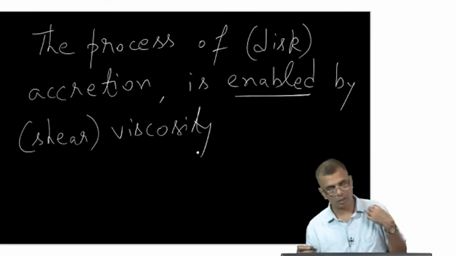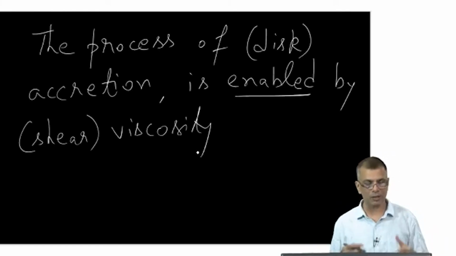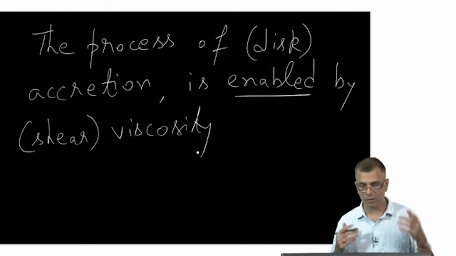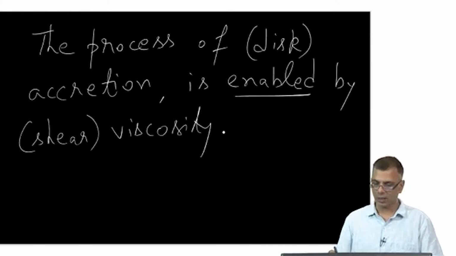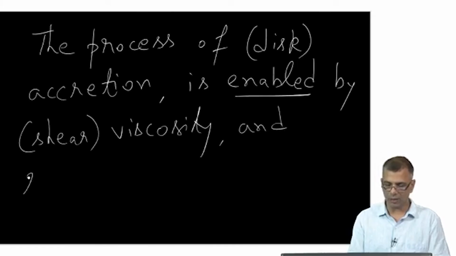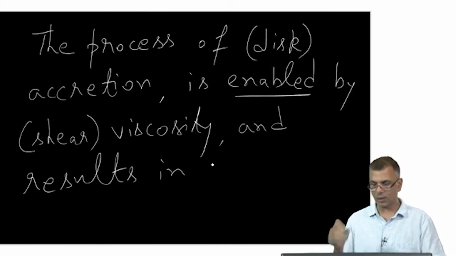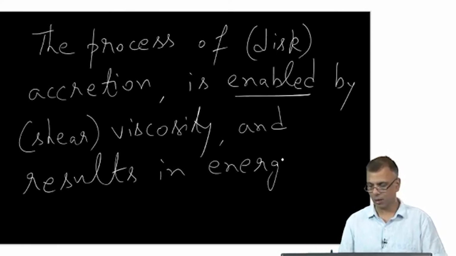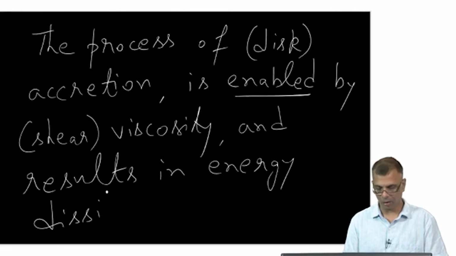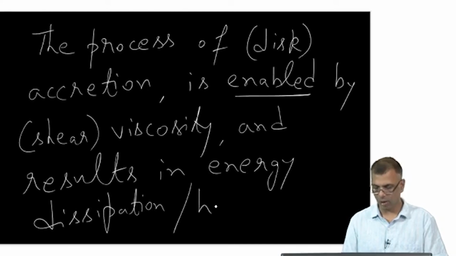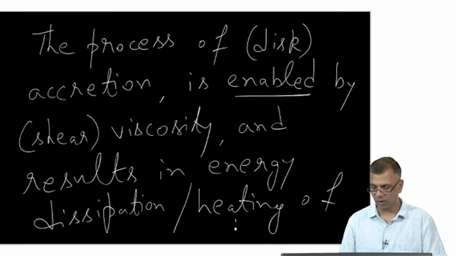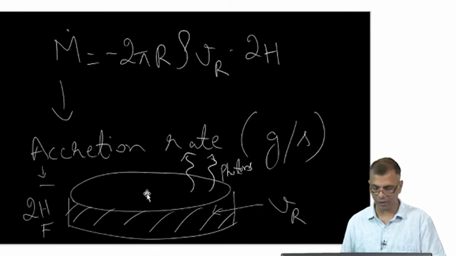Hence, we saw how shear viscosity is parameterized in terms of the alpha parameter. So, it is enabled by the shear viscosity, and results in energy dissipation, heating of the disk, heating of this entire disk here.